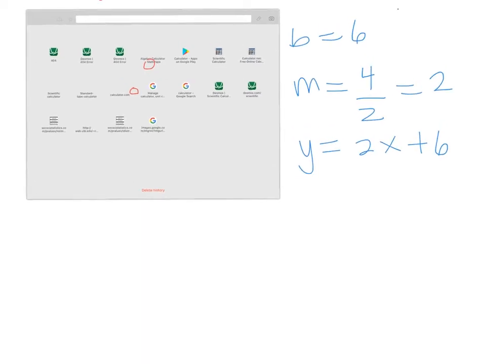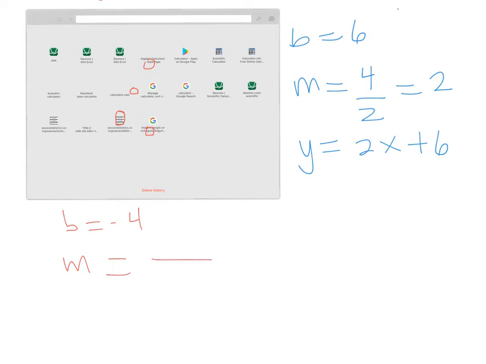So then looking at the red line, we've got a y-intercept of negative 4. And the slope, if we go from that point to this point right here where the lines actually intersect, we see that we are going from negative 4 to negative 2 in the vertical direction.